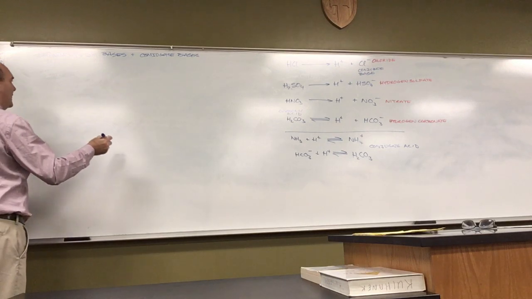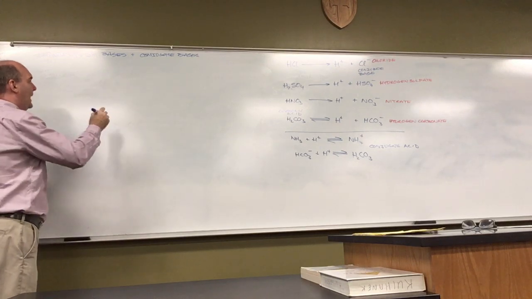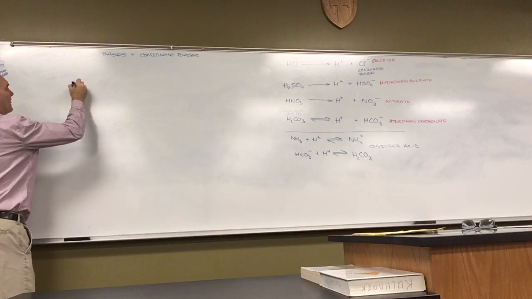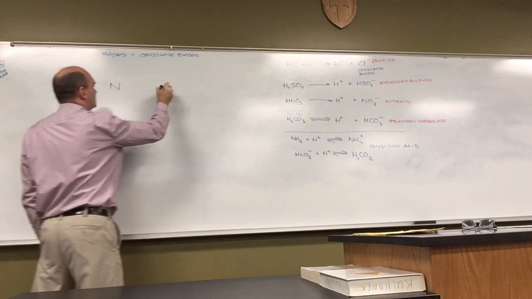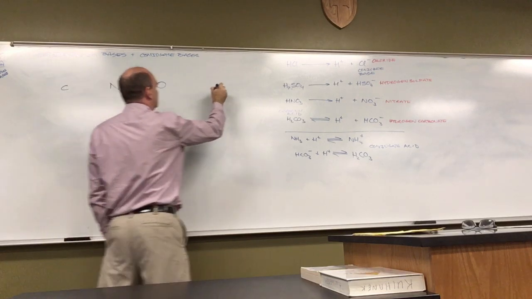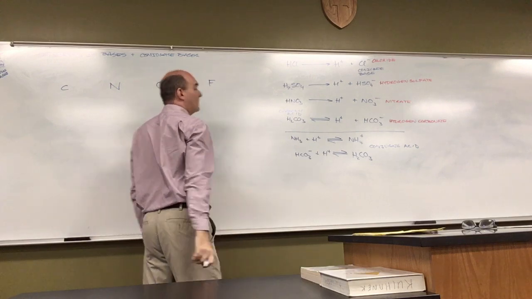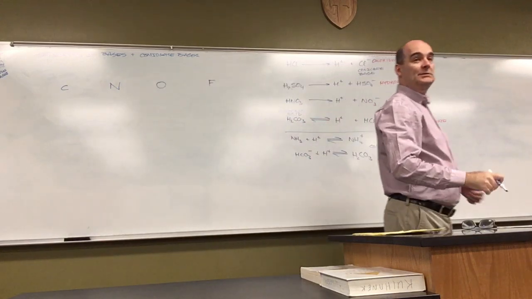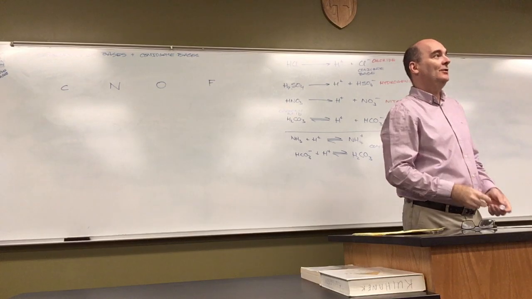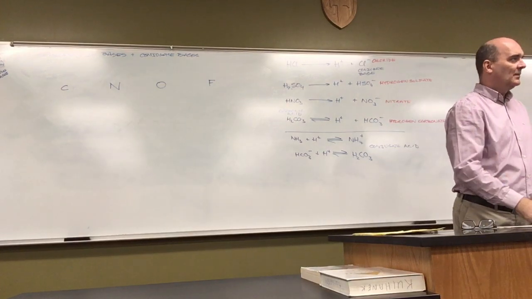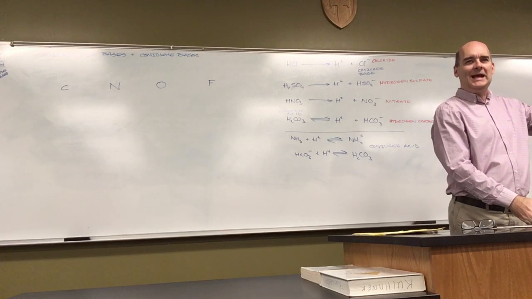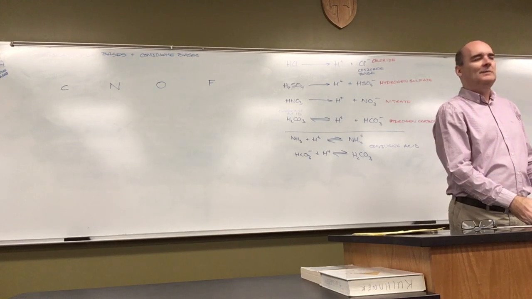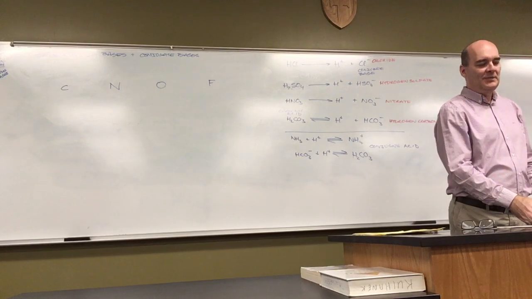Okay, so let's look at, here's a carbon, there's a nitrogen, here's an oxygen, here's a fluorine. Everything in group 8, the helium, the neon, the argon, the krypton, the xenon. See, there you go, helium, it's in group 2. That name doesn't belong in group 2, but group 8. That name doesn't belong in group 8.